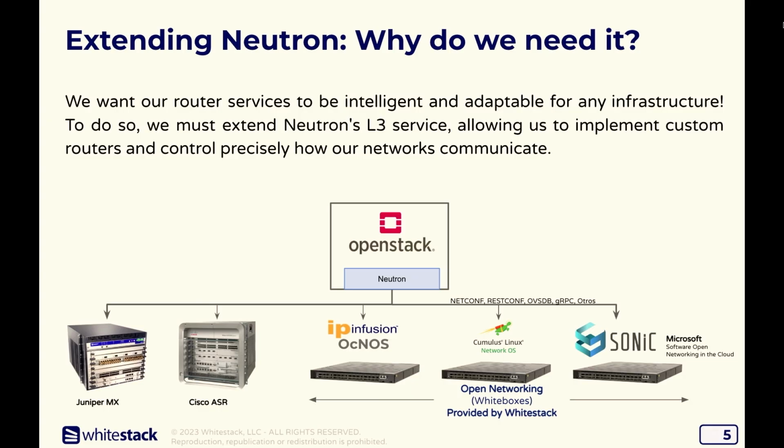In our case, we have an SDN, software-defined networking controller, which is able to configure these different devices. So from OpenStack, we are going to trigger that SDN. Basically, we are going to be intercepting OpenStack methods, or actually using callbacks, to implement the logic of a router.